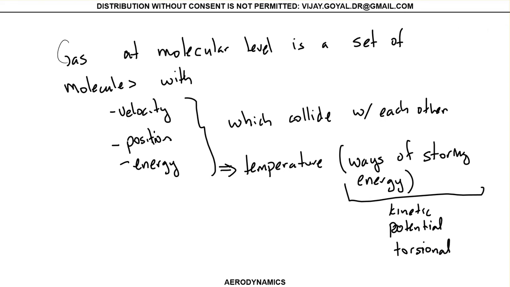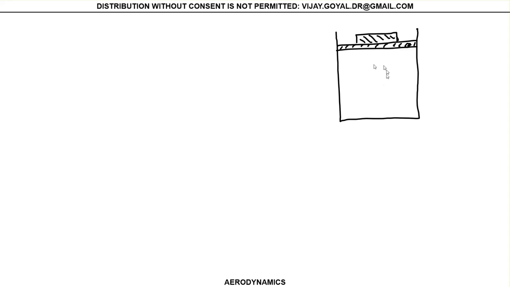So basically think about the following case. Let's take a container. In that particular container, let's put some gas, and let's put a cover on it, and let's put some weight on this cover so the gas will remain as it is.